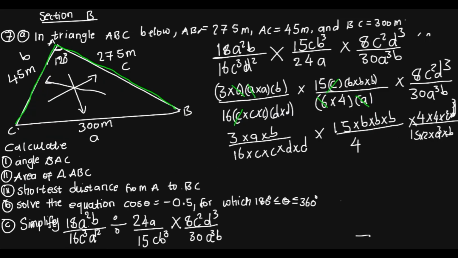So let's cancel again. This 15 and this 15 go, this 4 and this 4 go. So this b and this one go.